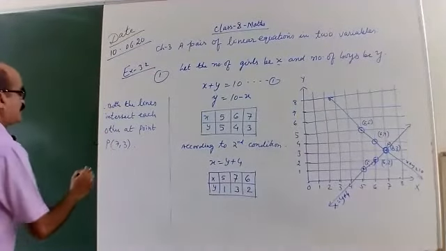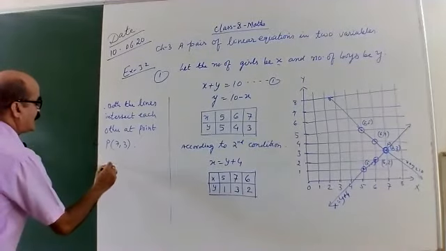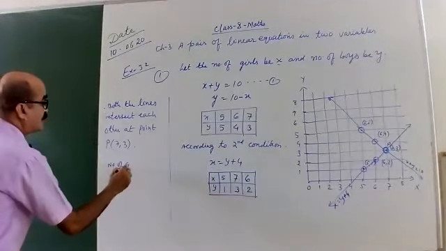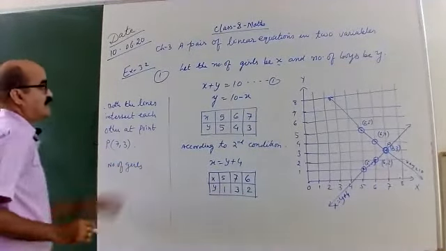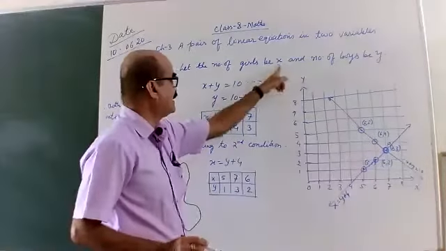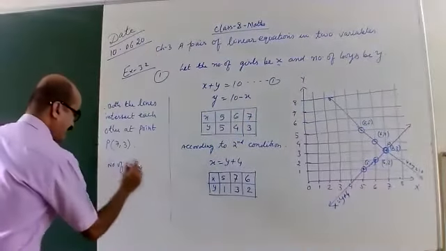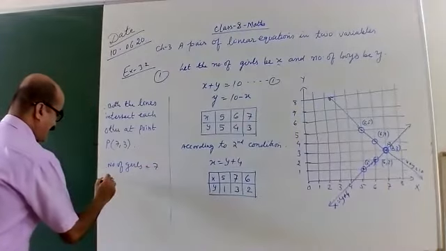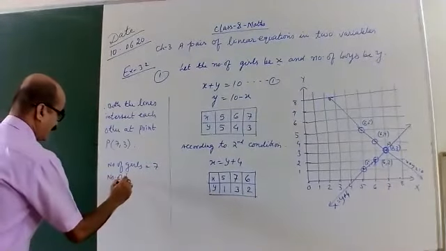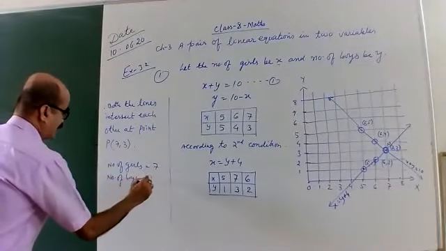Okay, so therefore number of girls is x, so number of girls is 7, x is equal to 7, and number of boys is equal to 3.